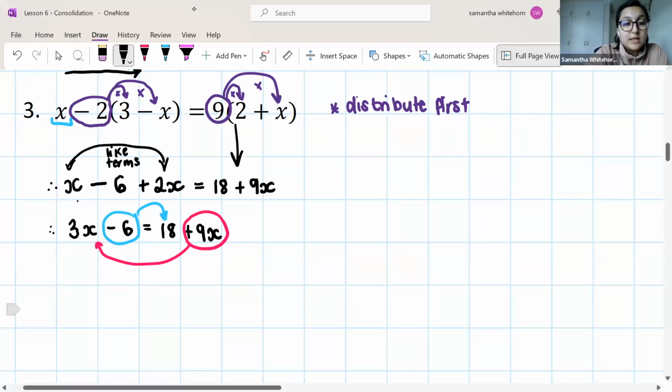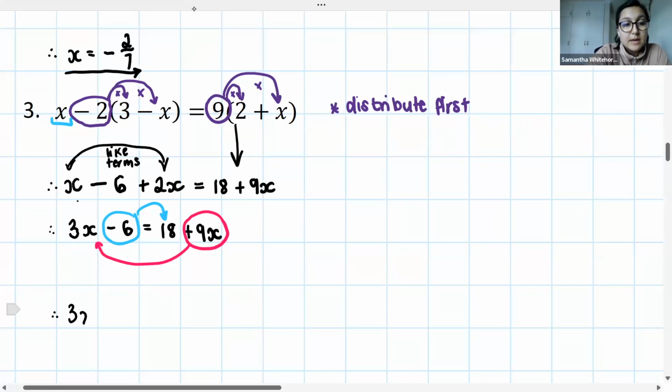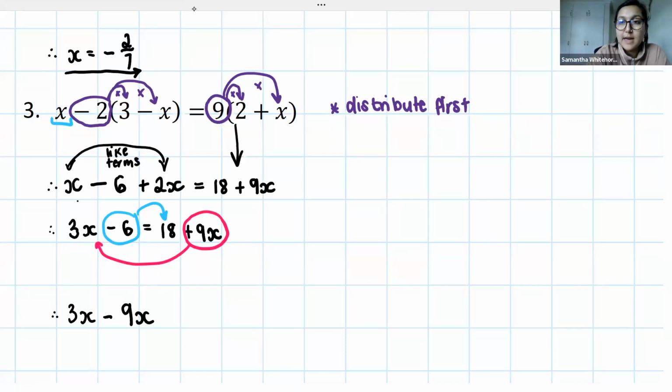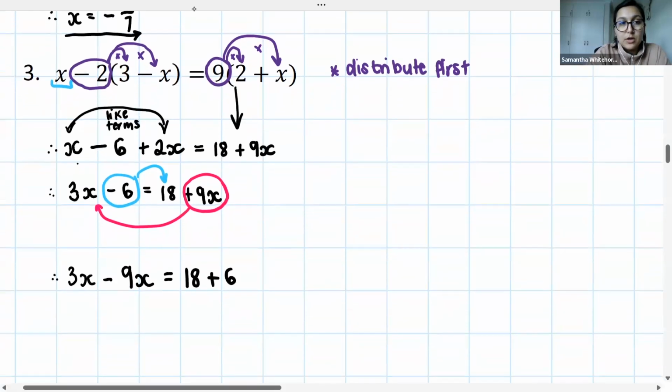That therefore means that I've got 3x minus 9x, again, because the 9x was on the right, it's now moving to the left. I need to use the opposite operation or inverse operation, is equal to 18 plus 6 because the negative 6 came over the equal sign to the right-hand side.